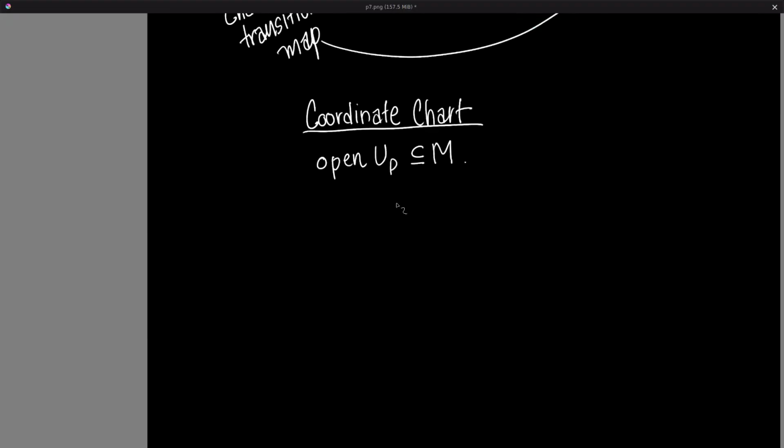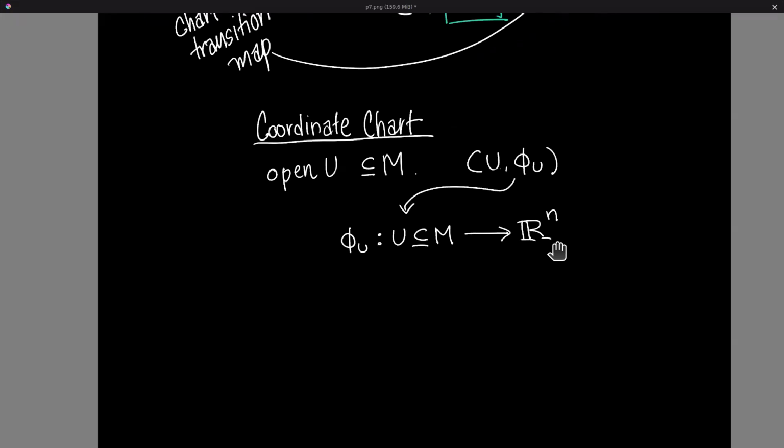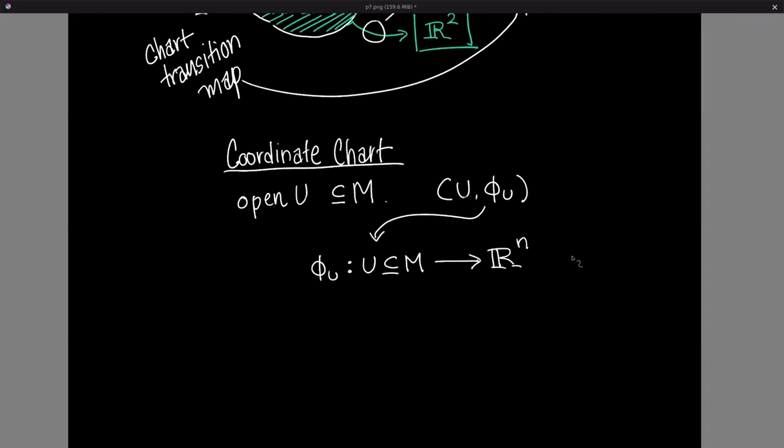We take this pair (U, phi_U), where phi_U is a map that goes from U, which is a subset of M, to Rn, where n is the dimension of the manifold. It's an n-dimensional manifold.